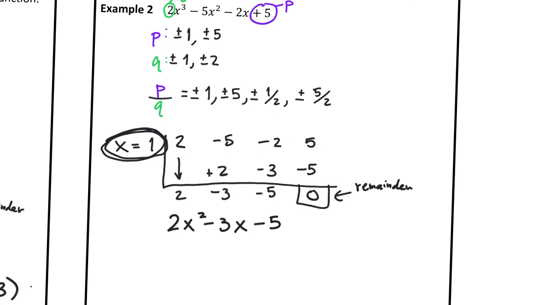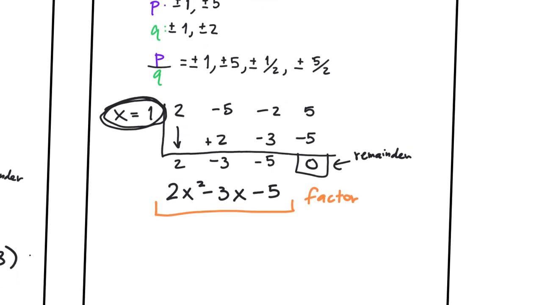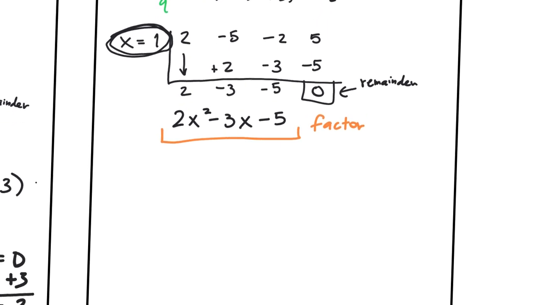Then we ask ourselves the question, can I factor this expression? And we should say, yes, we can. We can use the table method. And so we're going to multiply 2 times -5.